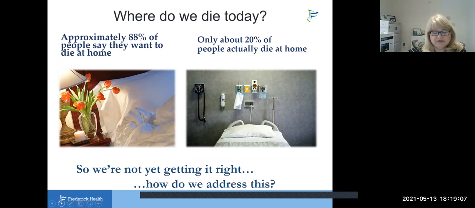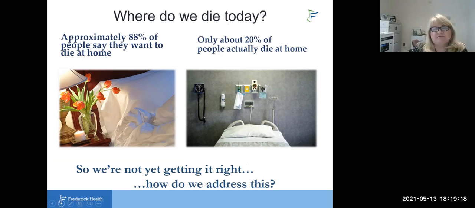So one of the things that I think a lot of people are surprised to find out is that when they've done studies of this, 9 out of 10 people say that they feel it's important to talk to their loved ones about their wishes, but only about 3 out of 10 people are actually having these conversations.